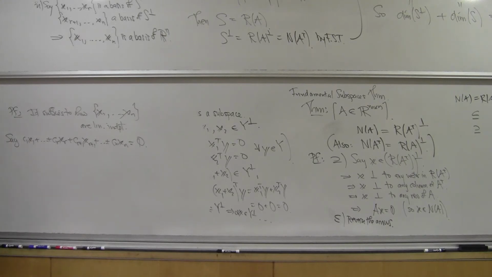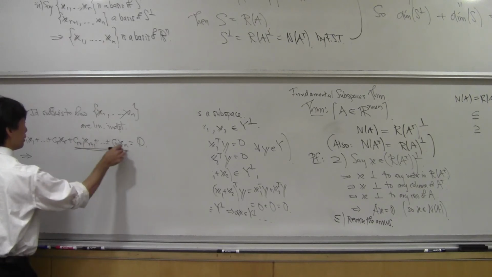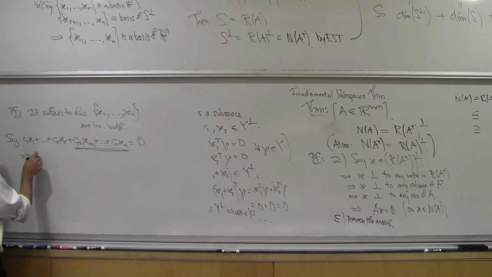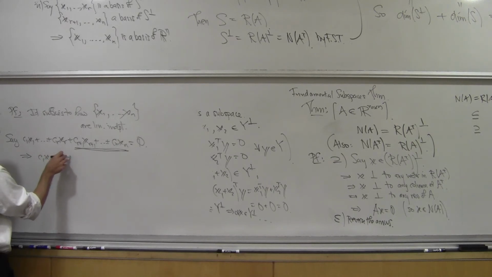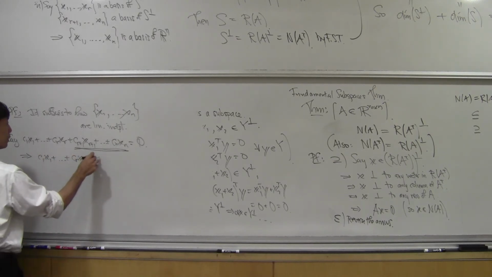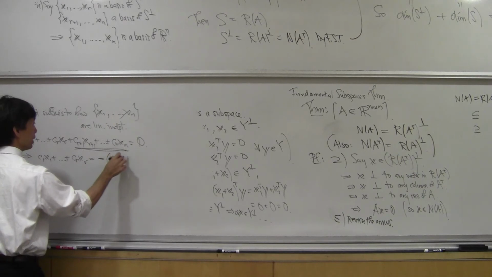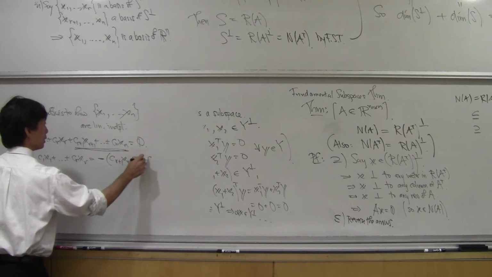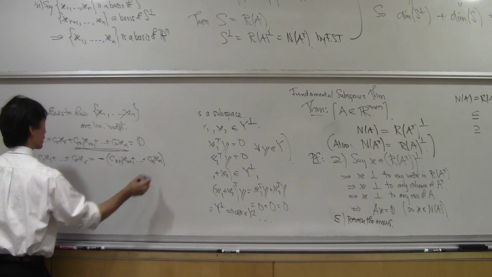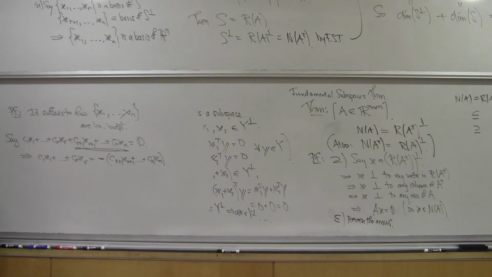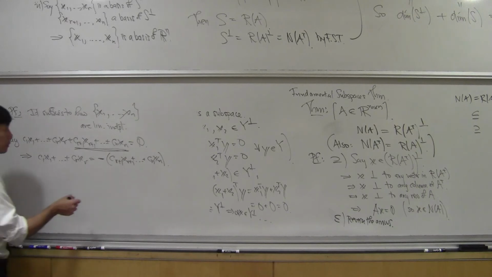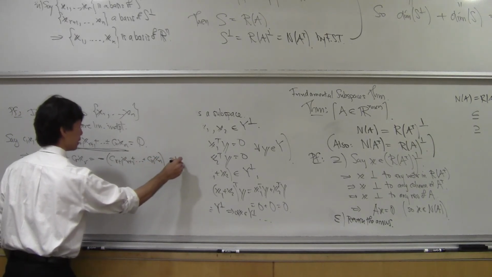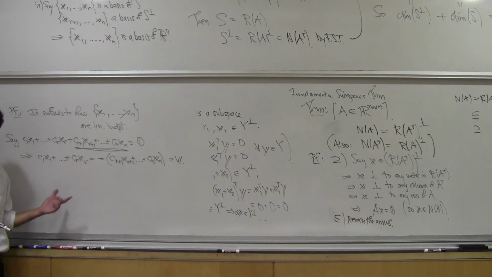We'll do something funny and move all of these to the other side. c1 x1 plus ... plus cr xr equals negative c(r+1) x(r+1) minus ... minus cn xn. Let's call this thing V. Whatever it is, let's call it V.